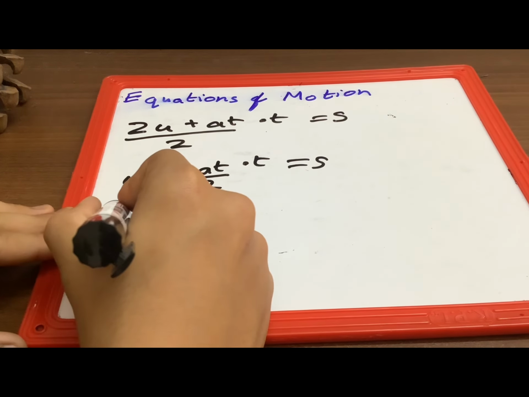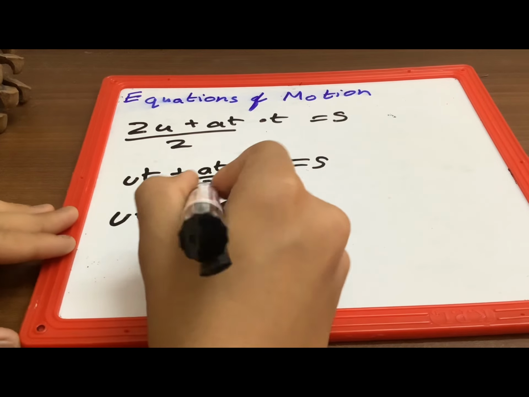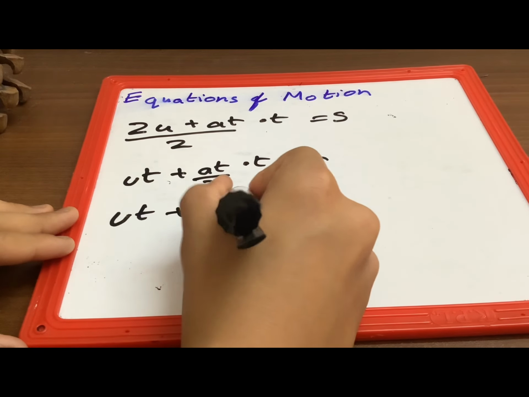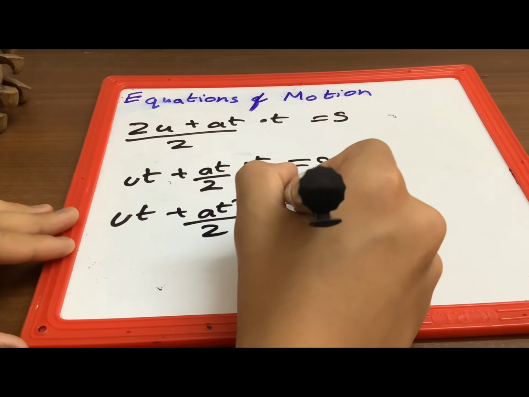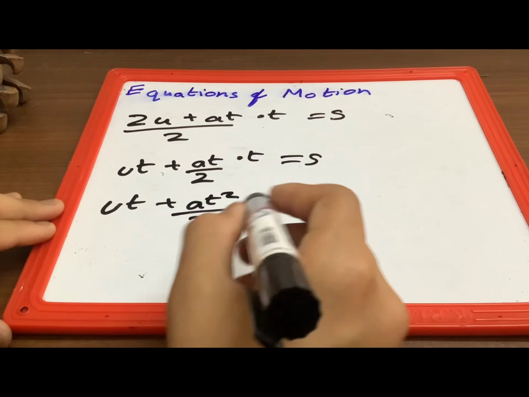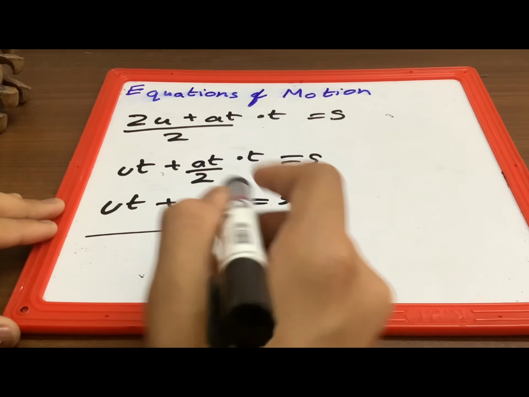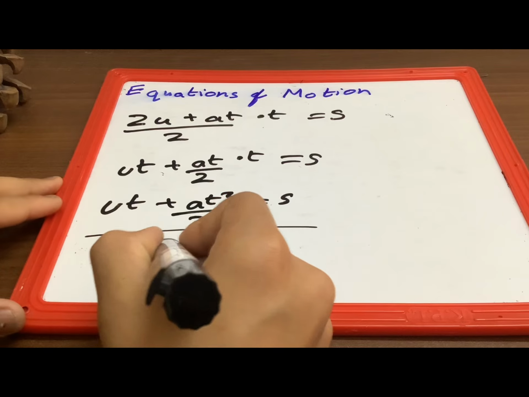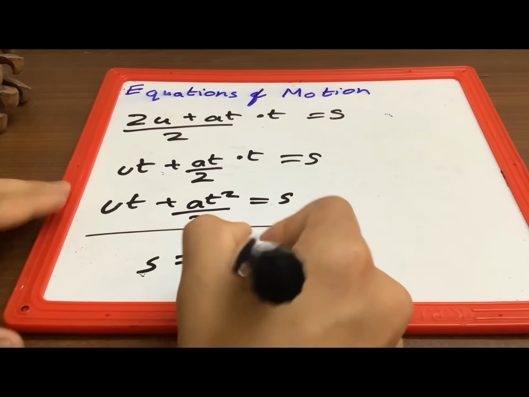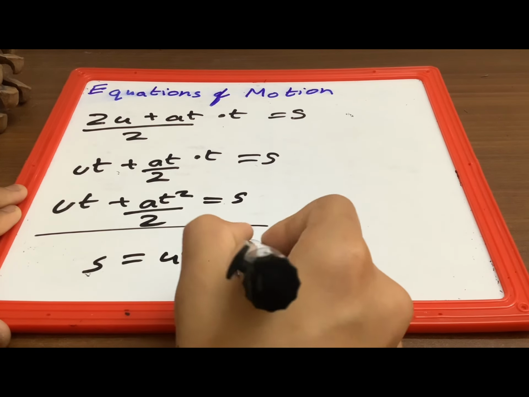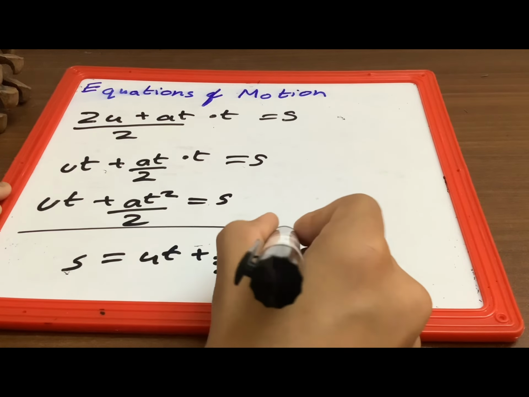Now, ut plus at squared over 2 equal to displacement. This is the second equation of motion, usually written as displacement equal to ut plus 1 by 2 at squared.